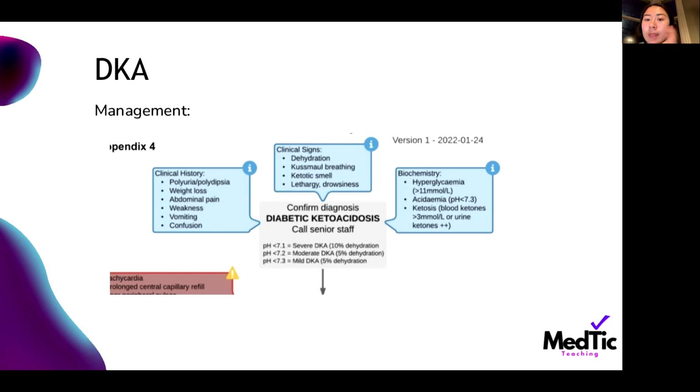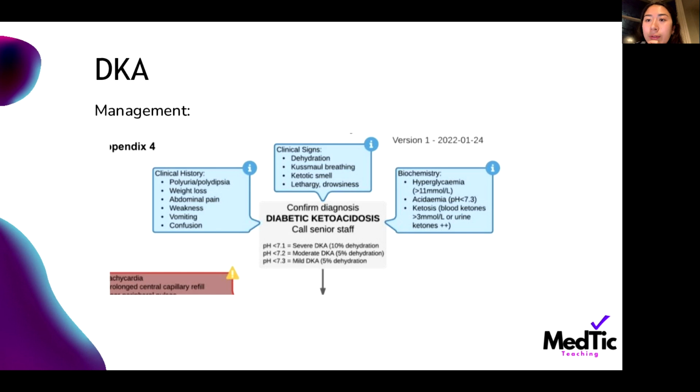And that's based on the pH. So you can see pH below 7.1 is severe, 10% dehydration, below 7.2 moderate, 5% dehydration, and then mild, actually it says 5% there as well. So that's what BSPED says. Apologies if you have other information, but that's basically how to differentiate between severe and moderate DKA.